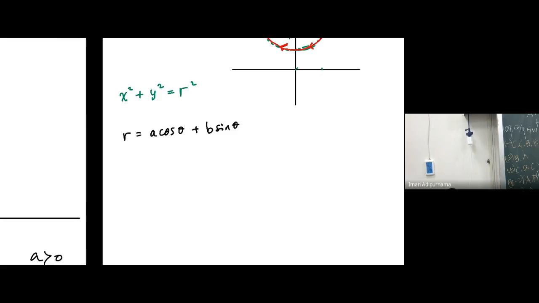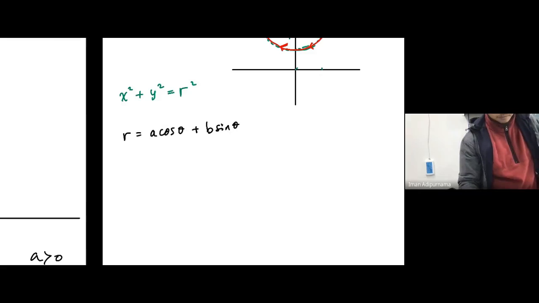But in the middle of the whole equation here, you will get an expansion of this, right? How about we just multiply with r? That would be better, because it will be a r cosine theta and b r sine theta, right? So r squared, a r cosine theta, and then b r sine theta.